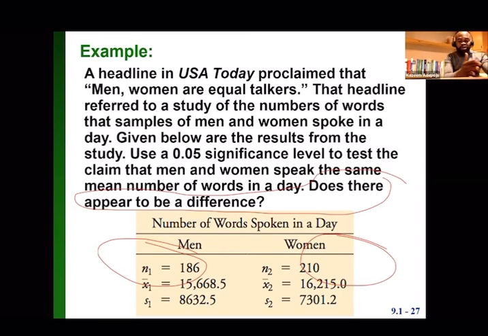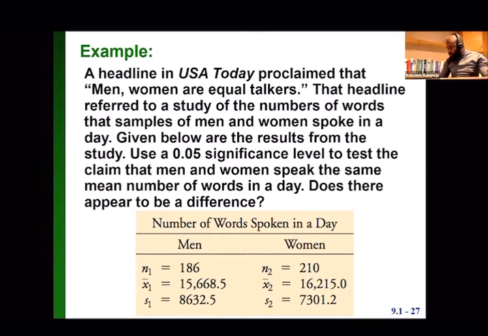Of course, the null hypothesis is going to say equality, because of the claim. A headline in USA Today proclaimed that men and women are equal talkers. Equal talkers means the two means are equal, and the alternative says the two means are not the same.